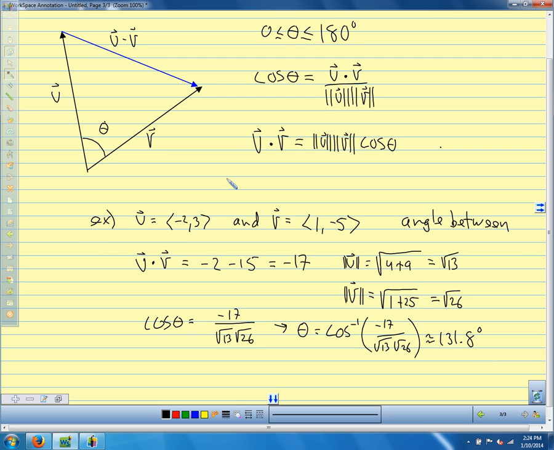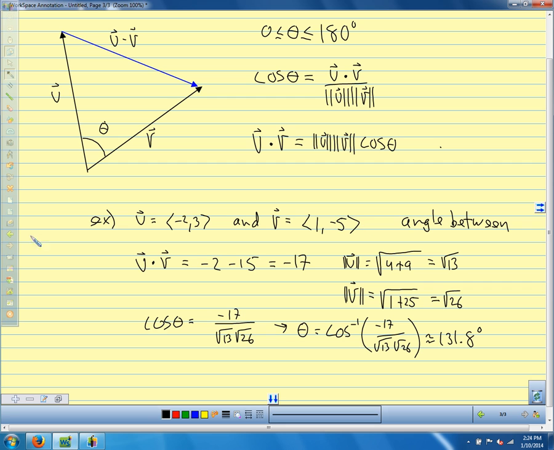So kind of nice to be able to find the angle just from this. Saves a lot of work going through the geometry of finding that angle. Questions there?